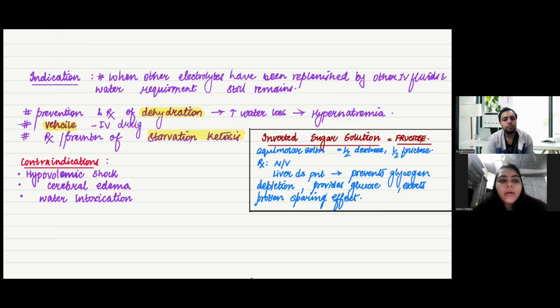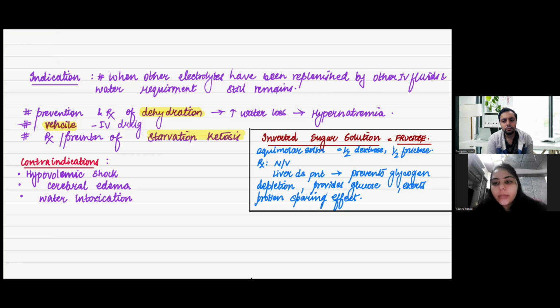But there are certain contraindications where we can't give dextrose to a patient: hypovolemic shock, cerebral edema, or water intoxication.